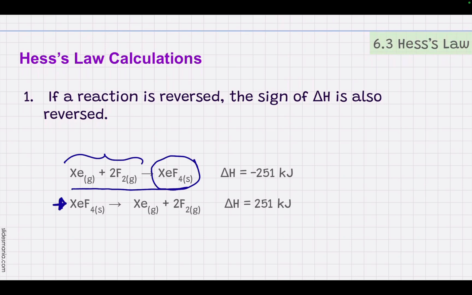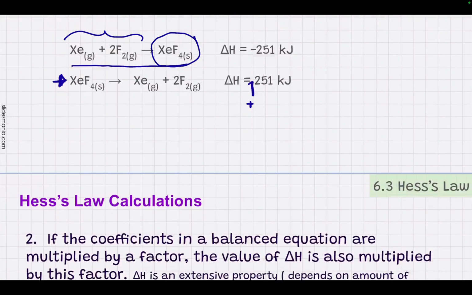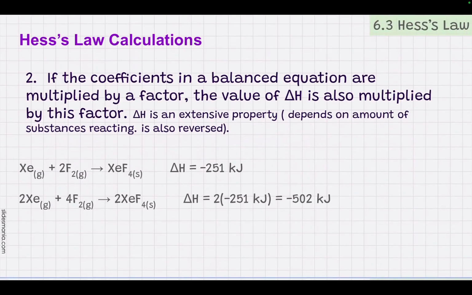When I reverse it, I reverse the sign. So my delta H is positive now. I don't need to put the sign there, but it's not negative anymore. So that's one of the rules. If you reverse the reaction, the sign of the delta H is reversed. Another rule is if you have to multiply the reaction by a given number, you also multiply the delta H by that.